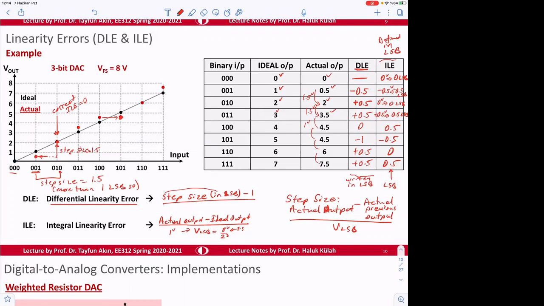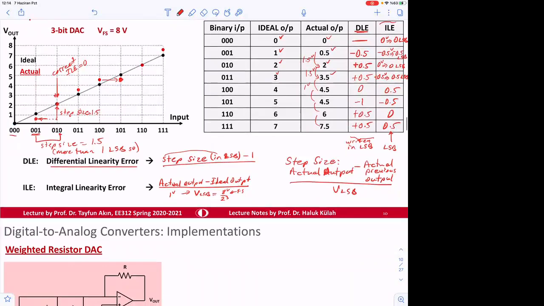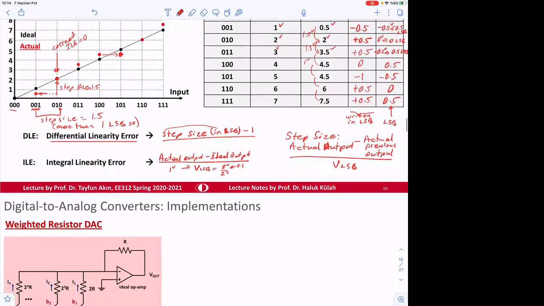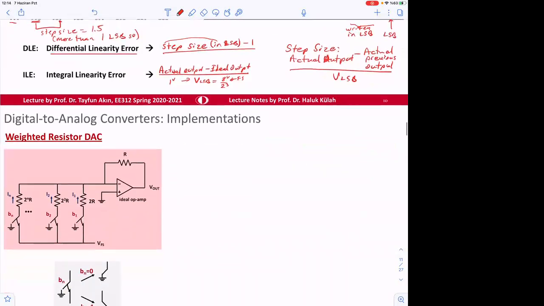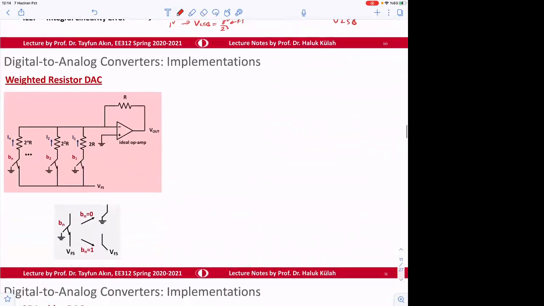Okay, the significant bit, how much error there is in a bit here. So I guess if we start seeing how these things are implemented, maybe it's going to be more clear where these errors are coming from.